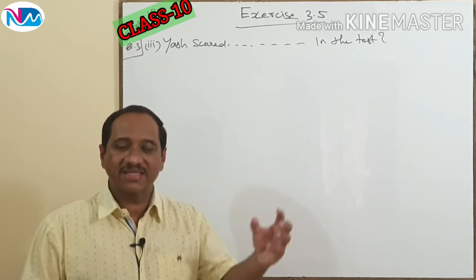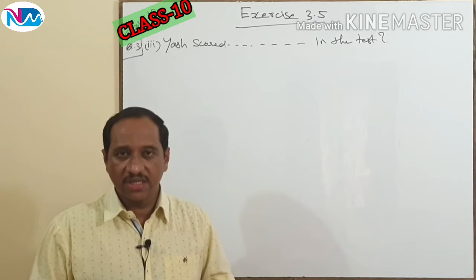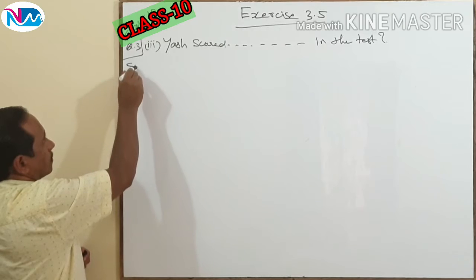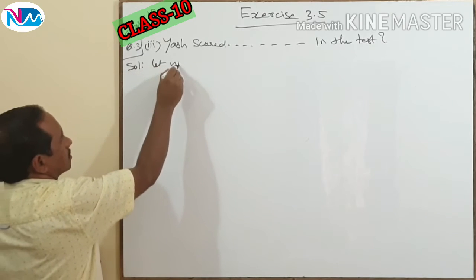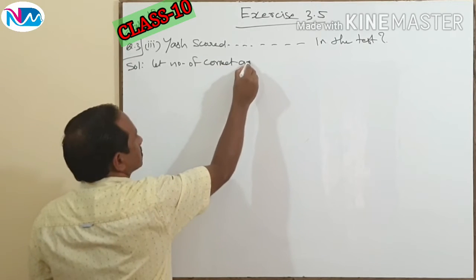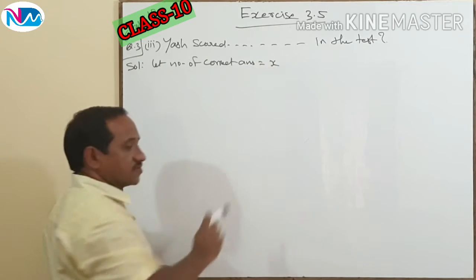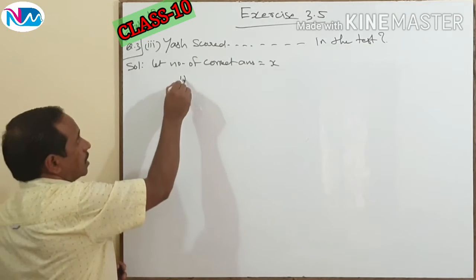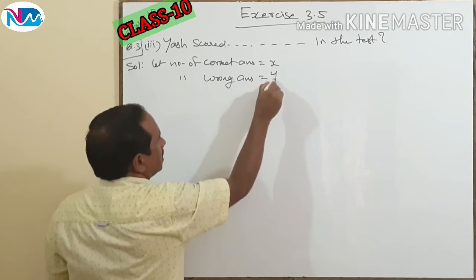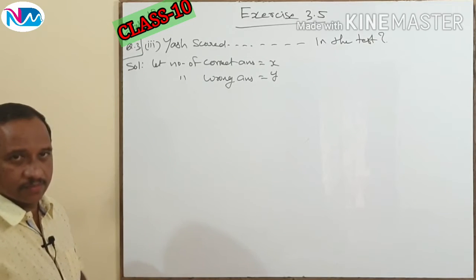We will use x and y to represent these two unknown quantities. Let the number of correct answers be x and the number of wrong answers be y.